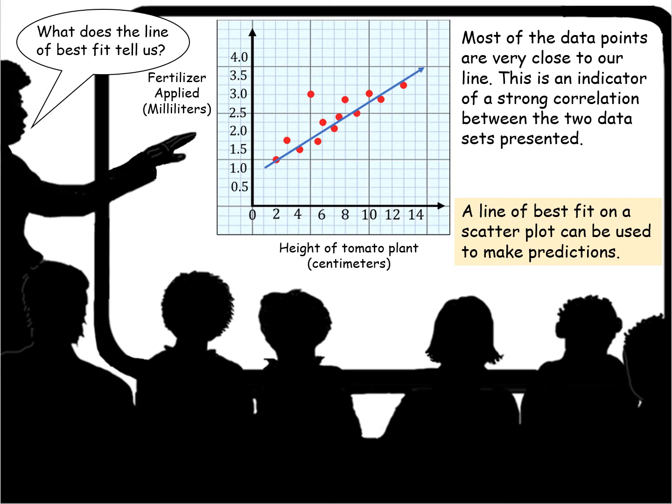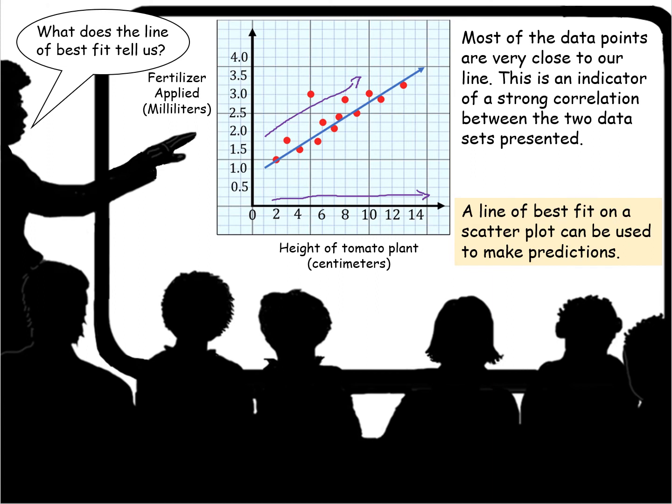Suppose the y-axis represented the amount of fertilizer applied to a particular type of plant. And along the x-axis, that represents the height of a tomato plant in centimeters. So if that's true, then it does appear that as we increase the amount of fertilizer that we're applying, it is significantly affecting the growth of the plant.